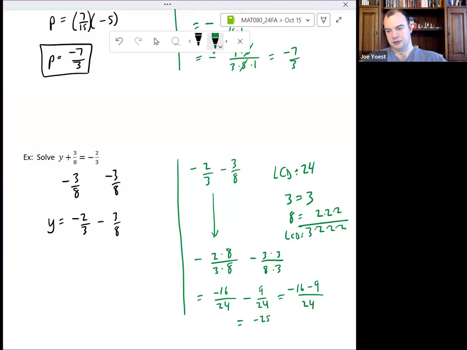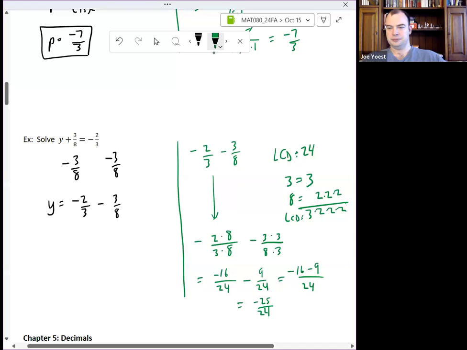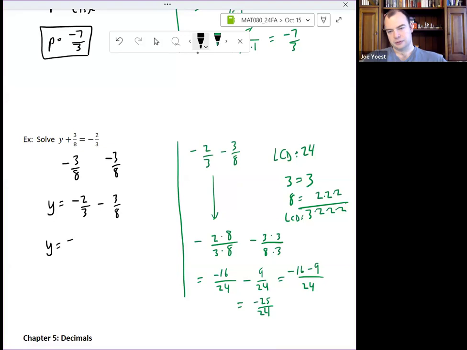Well, that's -25/24. I could leave my answer as an improper fraction if that suited me, or I can make this a mixed number, -1 and 1/24.